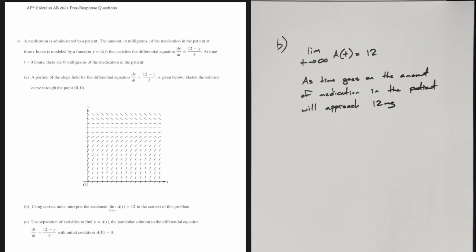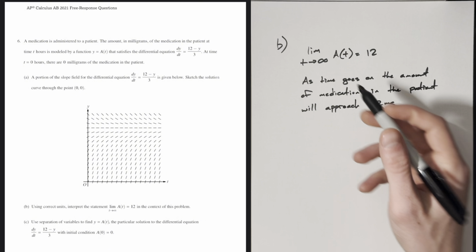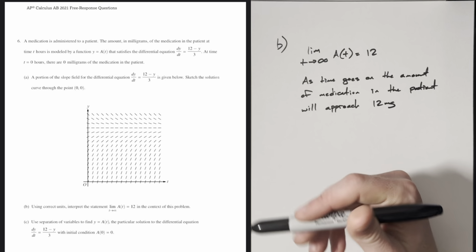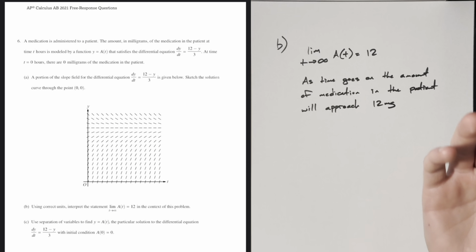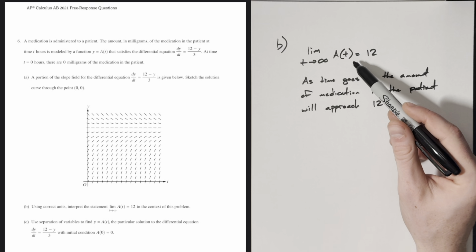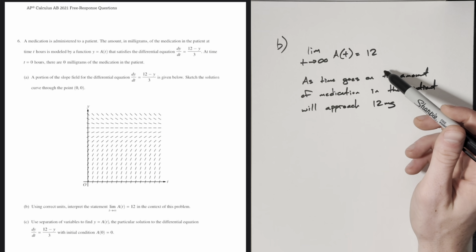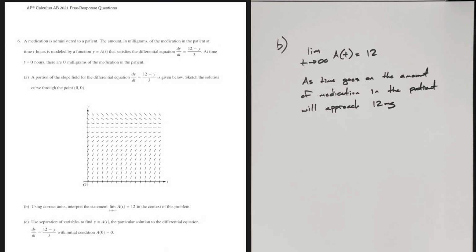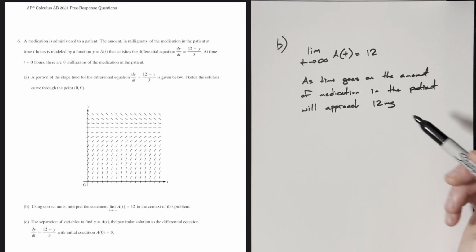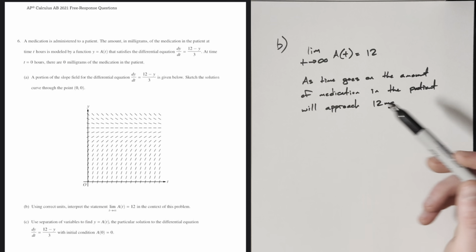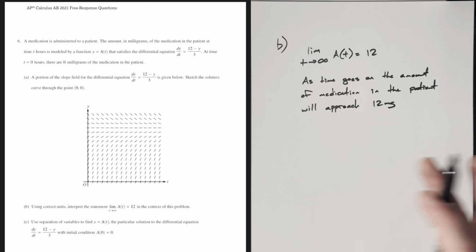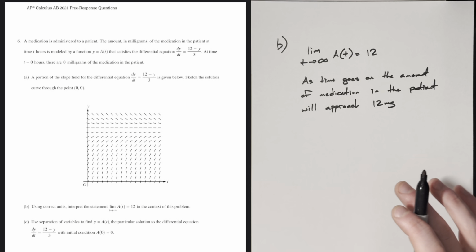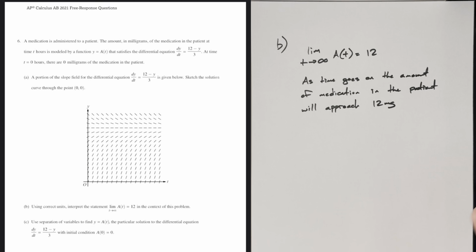And that would be my answer to part B, right? Because as t goes to infinity, so we're going after infinite hours, like just the person's lifespan, eventually the amount of medication is just going to get really, really close to 12. It's going to approach it. It asked in the context, so I would put 12 milligrams, say medication, patient, try to include all those buzzwords that they give us in the question in order to get all the points for part B. But once again, not too difficult.